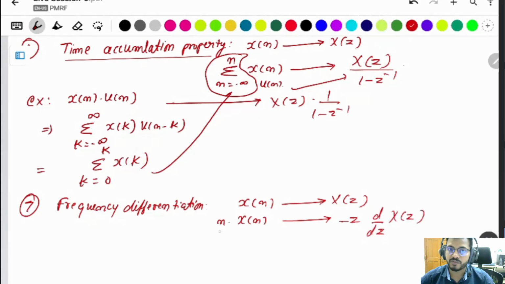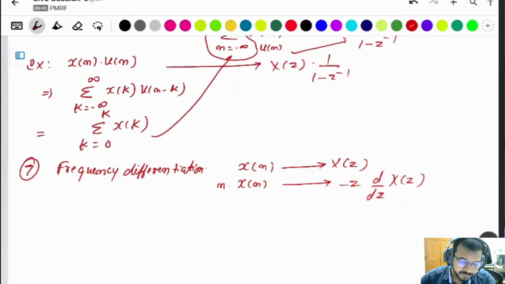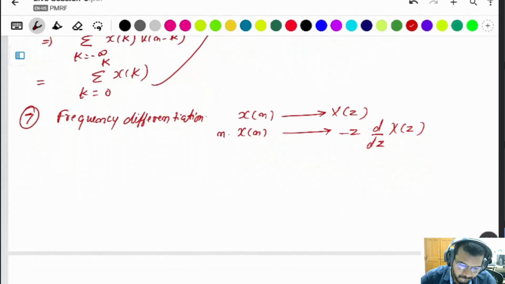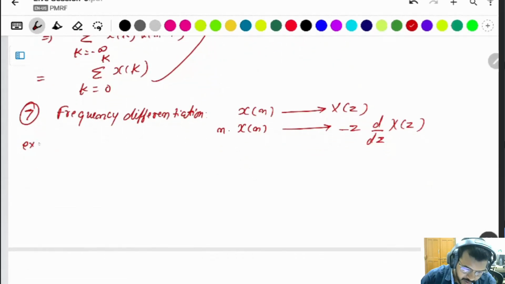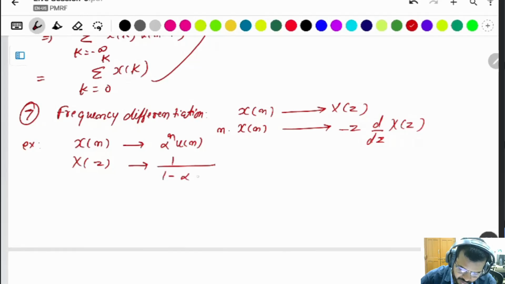If you multiply by n, you have to differentiate in the z transform domain. For example, for this property, suppose x(n) is alpha power n u(n), then X(z) we all know is 1 divided by 1 minus alpha z inverse, equal to z divided by z minus alpha.